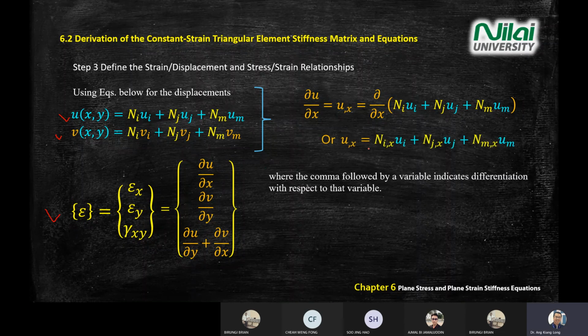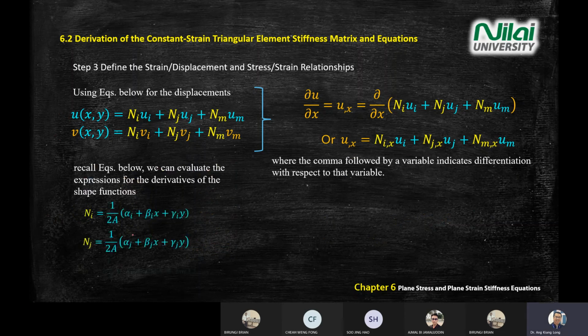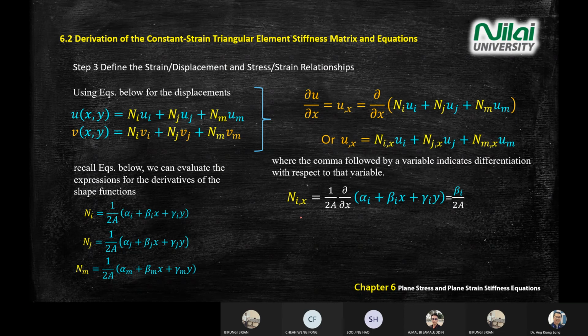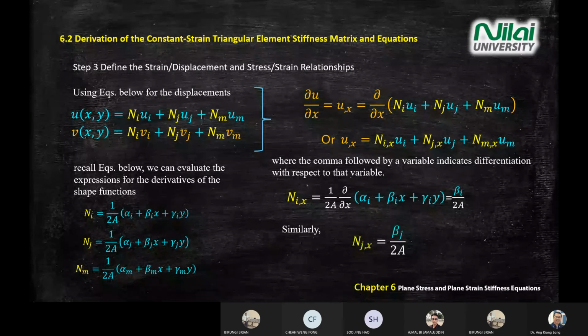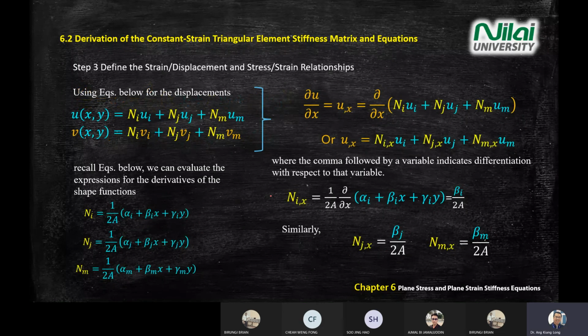You derive them and then you arrive at the same N and U form. So again, you are referring to the same N value for the stress, for the strain also. So these are the formulas that you use to calculate the N value.